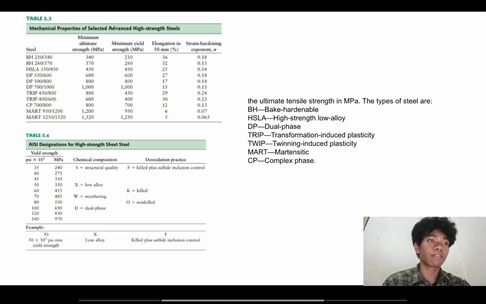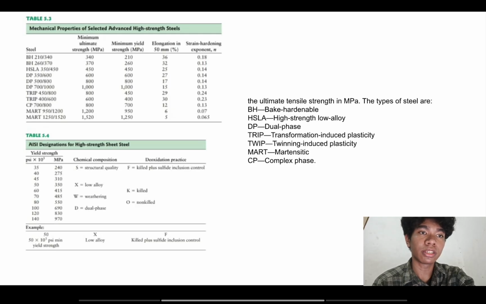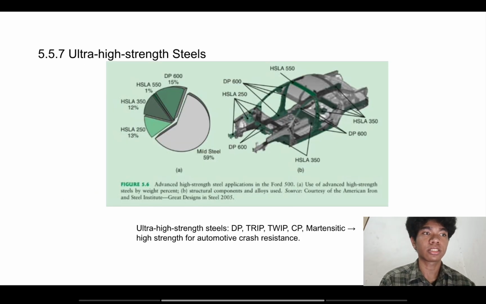And the table 5.4 is the designation for high strength sheet steel, and the ultimate tensile strength in MPa are BH or bake hardenable, HSLA or high strength low alloy, DP or dual phase, TRIP for transformation induced plasticity, TWIP, twinning induced plasticity, MART or martensitic, and CP for complex phase. Okay, next.